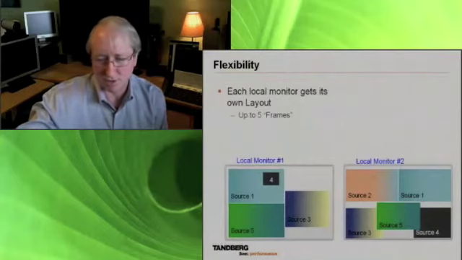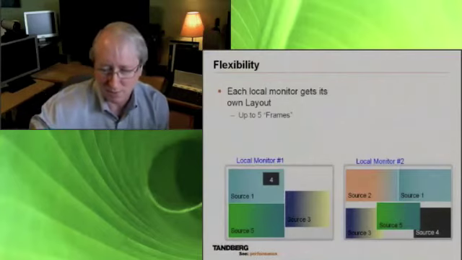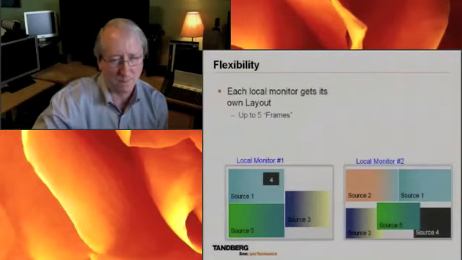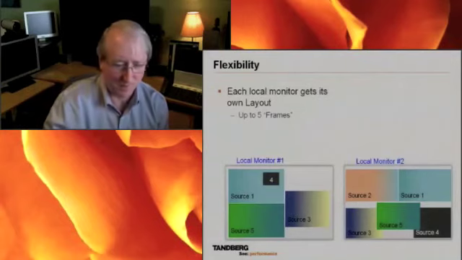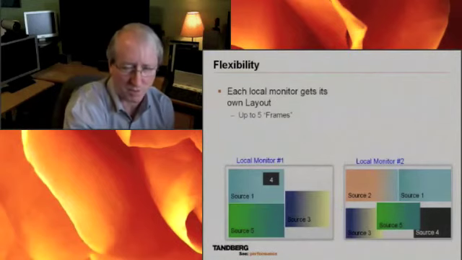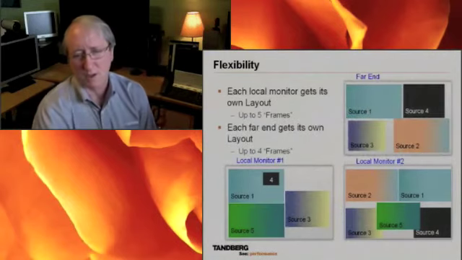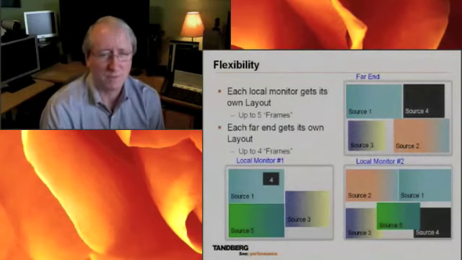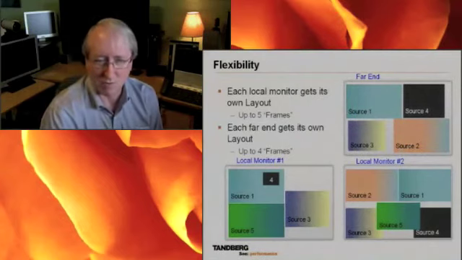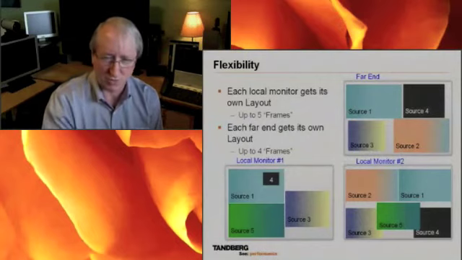It's got 5 sources all being displayed at the same time, and they are different sizes than the windows on local monitor number 1. So I have a lot of flexibility there. I can send up to 5 windows or frames to each of my local monitors. In addition, each far-end system, when I'm in a video call, can get its own layout. I can send up to 4 frames or windows to the far end. I sent you 4 earlier.